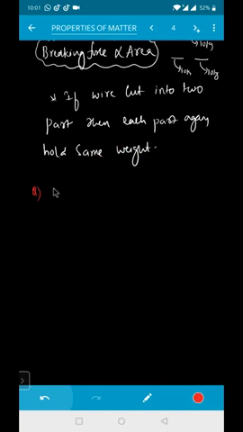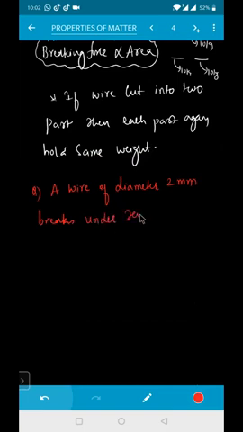See this question. Say for example, we got a wire of diameter 2 mm which breaks under tension of 500 Newton.